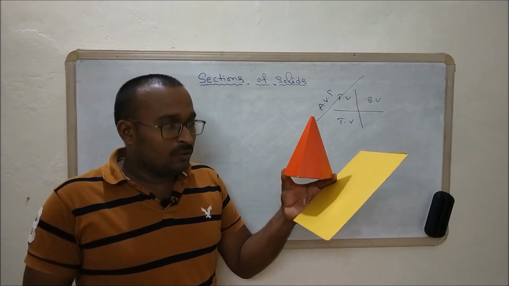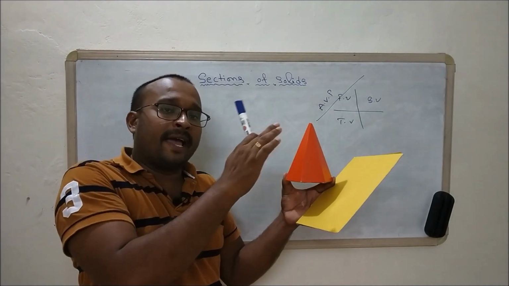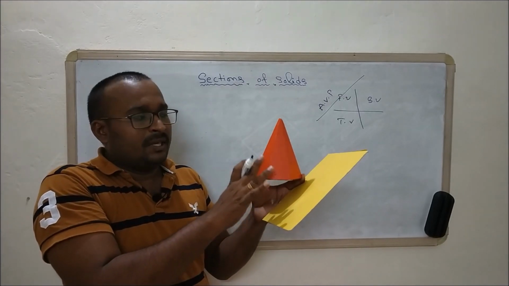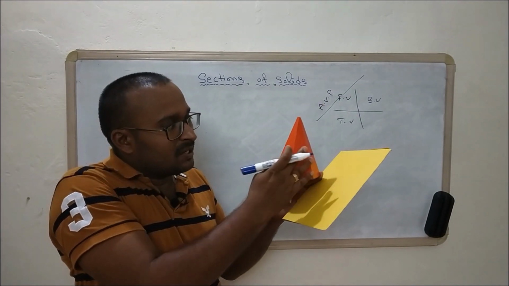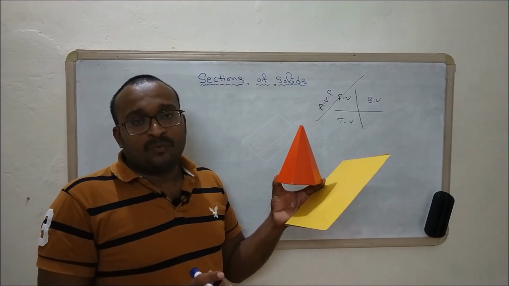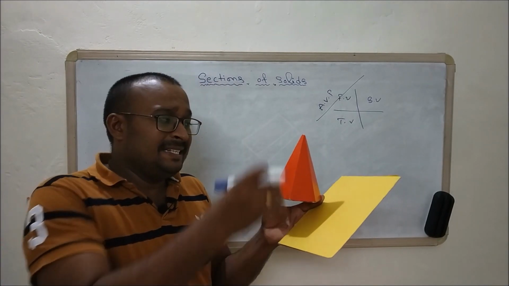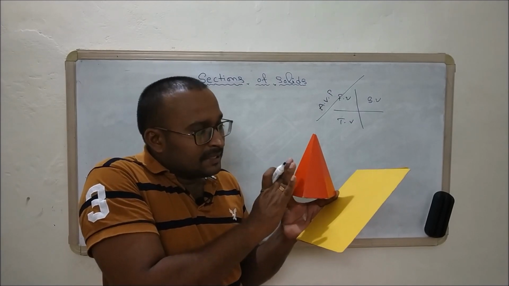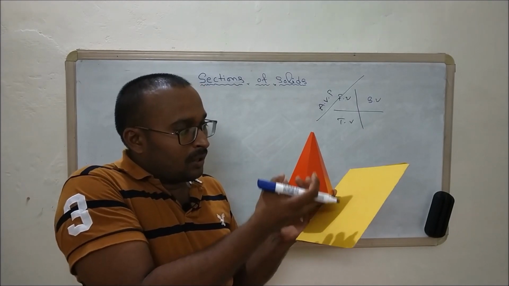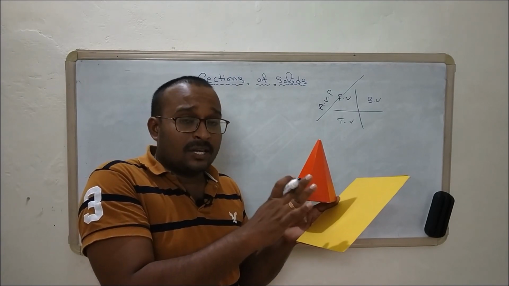Say, for example, if you want to project the solid onto the VP, HP, and PP or an auxiliary plane, whatever information is available outside that particular component may be revealed. But if you want to know the information inside it, for example, whether the component is hollow inside or a complete solid, we must know about it.